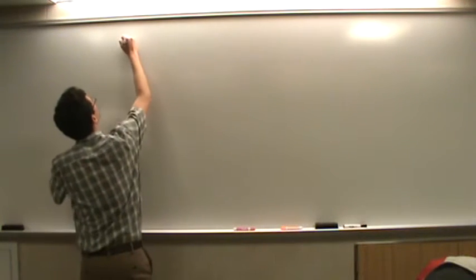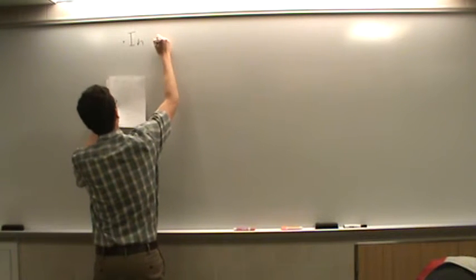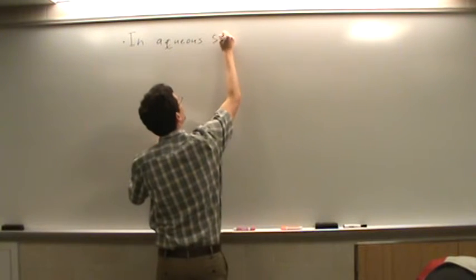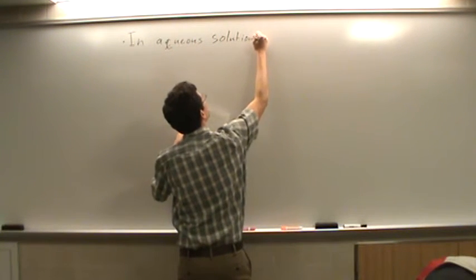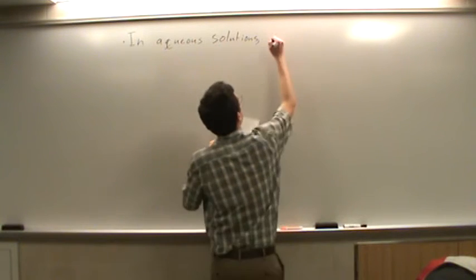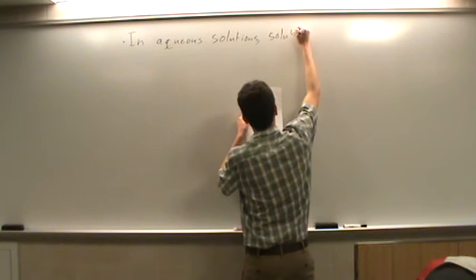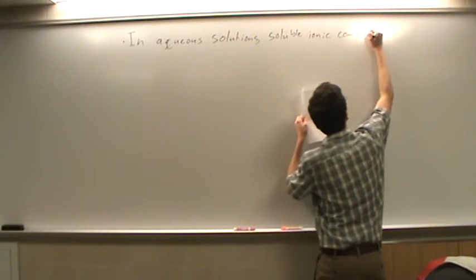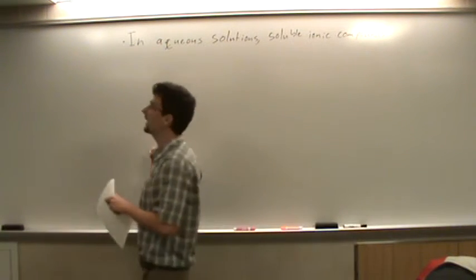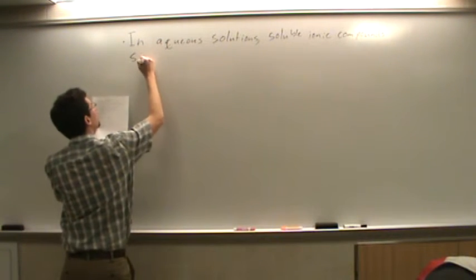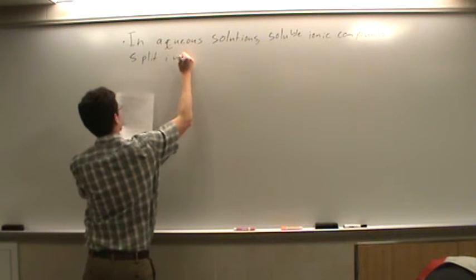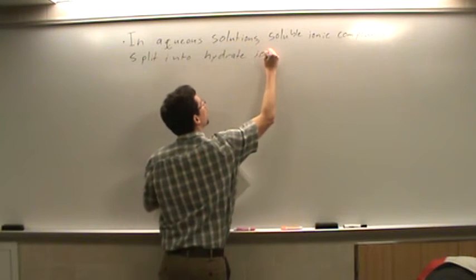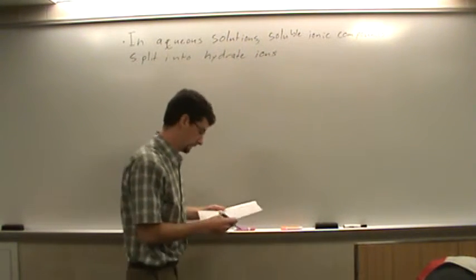In aqueous solutions, soluble ionic compounds split into anions and cations. Hydrated ions. So those water molecules coordinate to those ions.